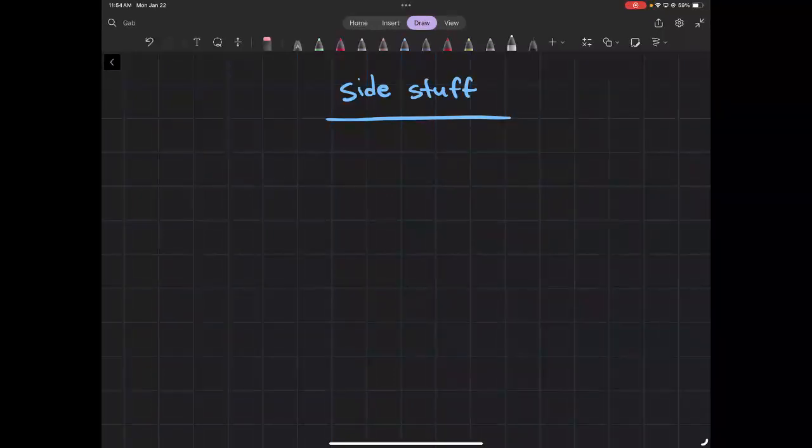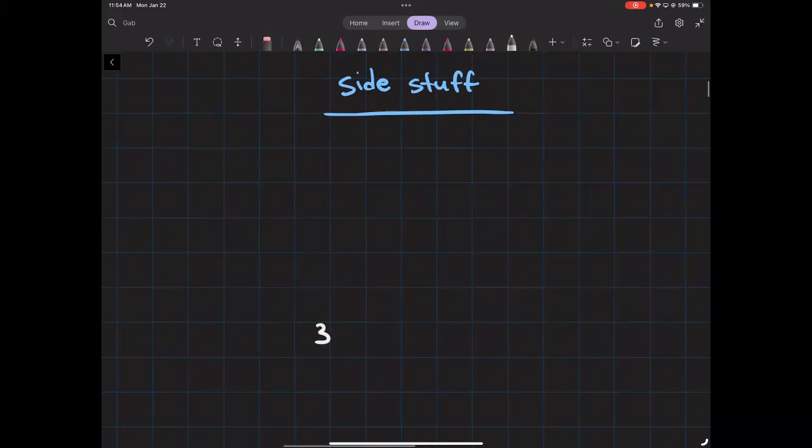Alright, that's a lot of sides. What is the least amount of sides to make a polygon? A triangle. Okay, so if it's 3 and it's a triangle, what is the sum of all the angles in a triangle? 180. Right, that one should be automatic, right?